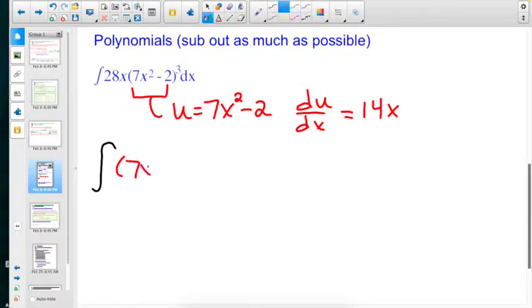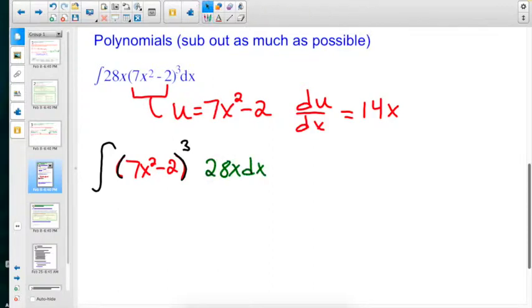We know we have to substitute that out. So we're going to substitute that out. And we also have a 28x dx. That comes from these 2 terms. And all I did was I rearranged them. And they're all multiplied together, so rearranging isn't a problem.